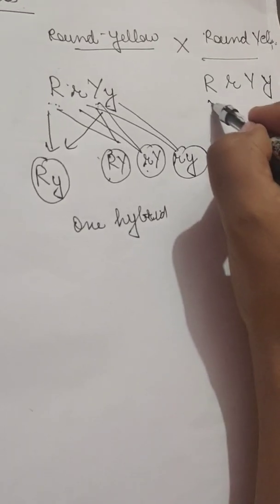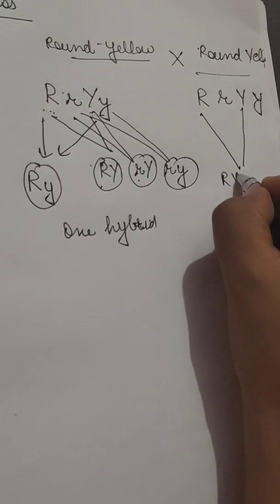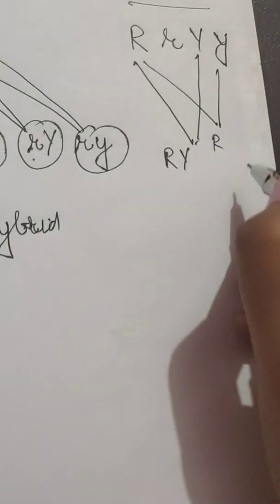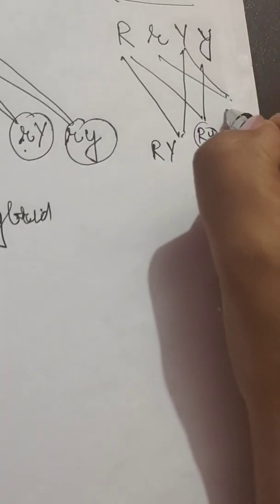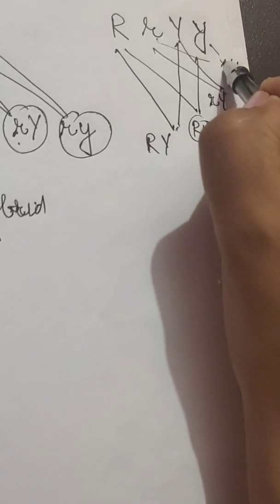Okay, so same with here. So this is capital R and capital Y. So this will be capital R and capital Y, and this will be capital R and small y. Okay, and then this will be crossed with this. This is small r and capital Y, and then small r and small y.